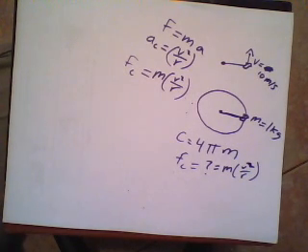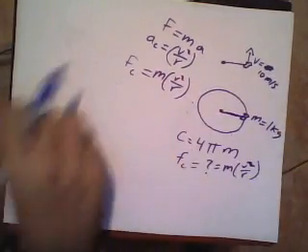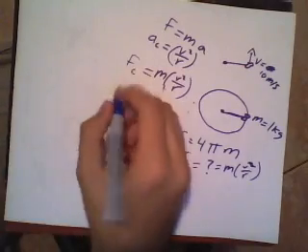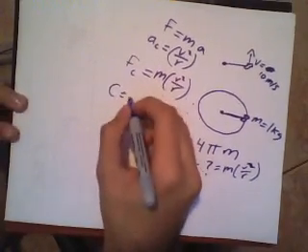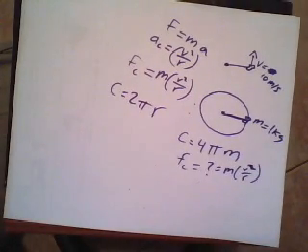Maybe we can find it. So let's do some work with the circumference to find the radius. Circumference equals 2 pi times the radius.